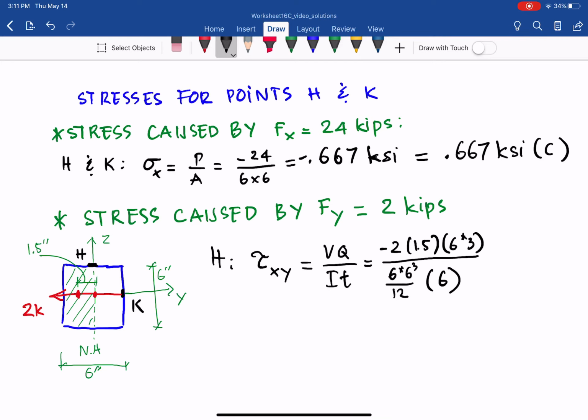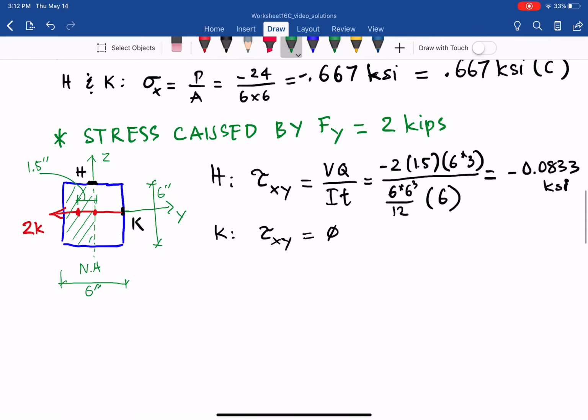From this we get negative 0.0833 KSI. Then K is at the outermost fiber, Q equals 0, so tau xy for K equals 0.